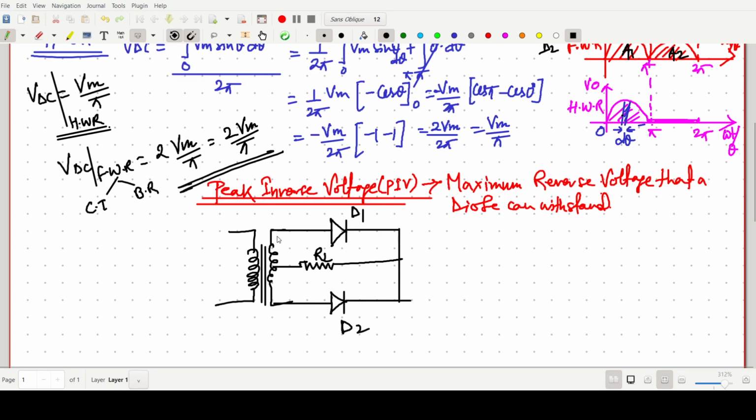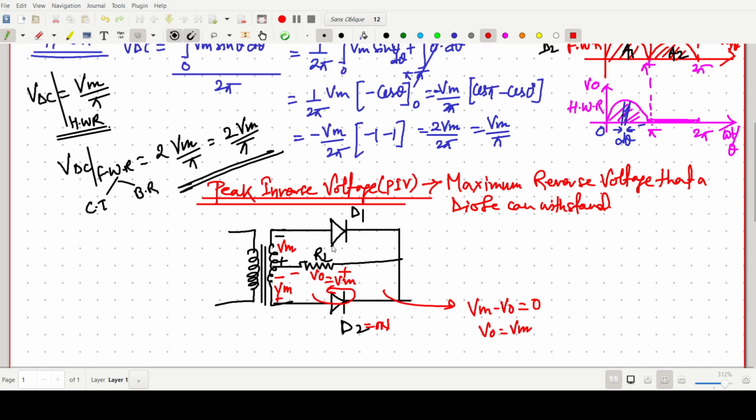For this purpose we are giving the negative voltage across the diode, say minus Vm, and then again minus Vm. In this case D2 will become on, and this output voltage is the same as Vm. By applying Kirchhoff's voltage law in this loop, we can write Vm minus V naught equals 0, so V naught equals Vm.